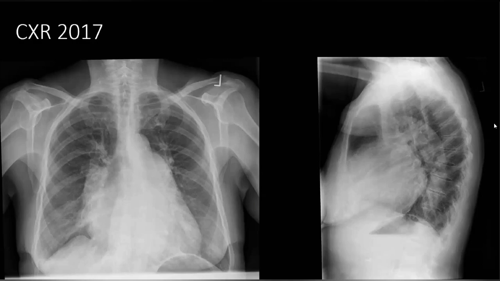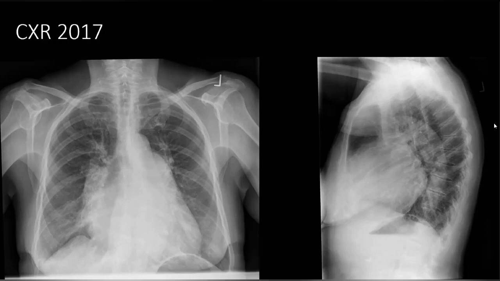Moreover, I can see a retrocardiac opacity, which is predominantly in the left paraspinal location. Now, in the lateral X-ray, I don't appreciate this opacity. I think this was not there.